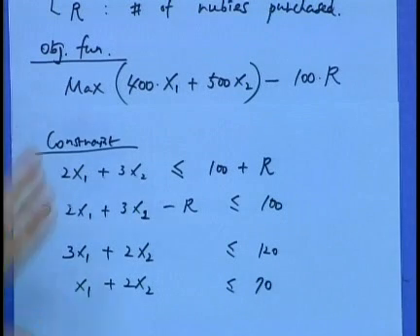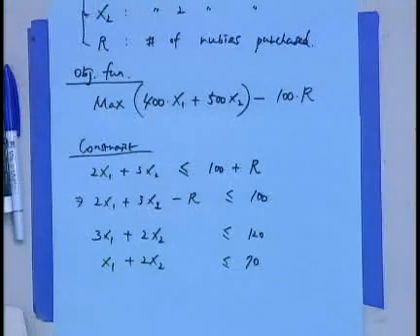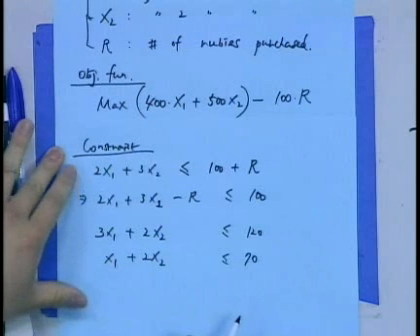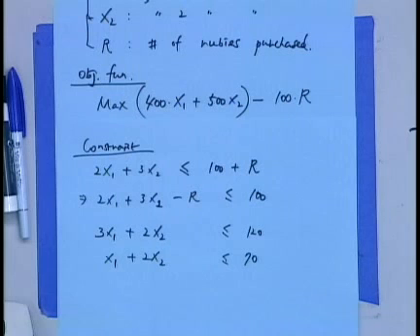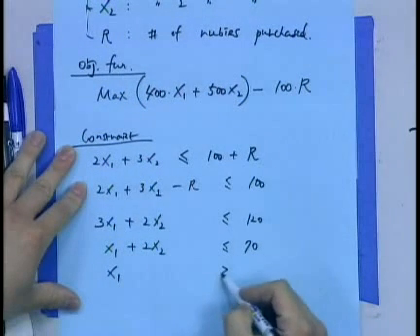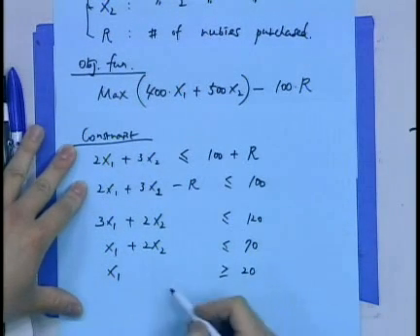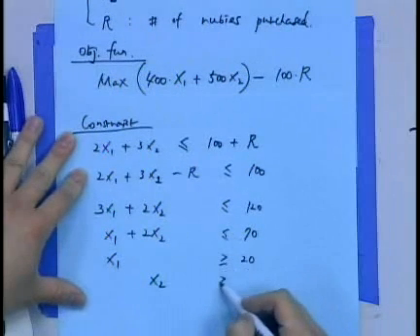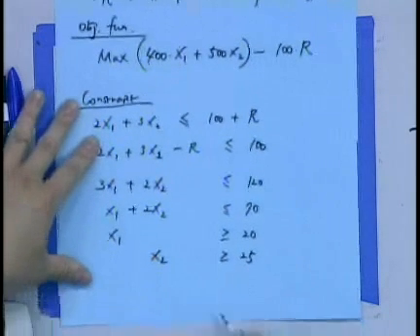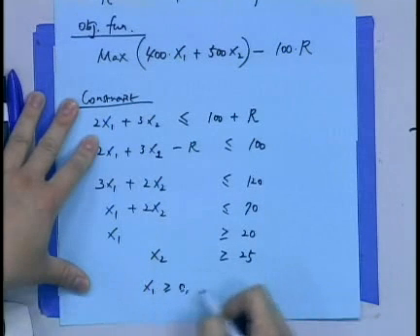So we have the third constraint. And Jayer's needs to produce at least 20 type 1 rings, right? And at least 25 type 2 rings. So X1 must be greater than or equal to 20, and X2 is greater than or equal to 25. Of course, non-negativity restrictions are required for each decision variable, right?